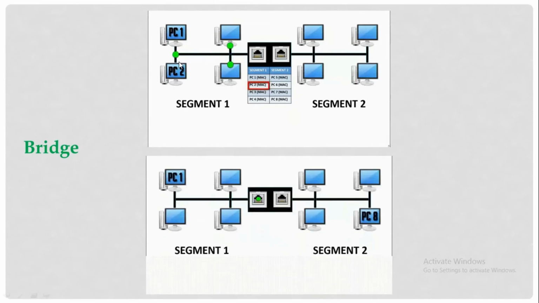We can see another example, where we have two networks. When the information has to be transmitted from PC1 to PC8, what happens here? PC1 transmits the information to this bridge. This bridge finds PC8 by using the MAC address or the destination address and transmits the packet to PC8.